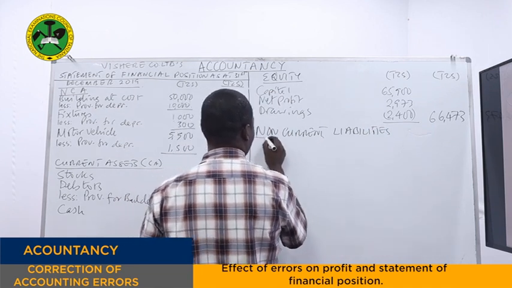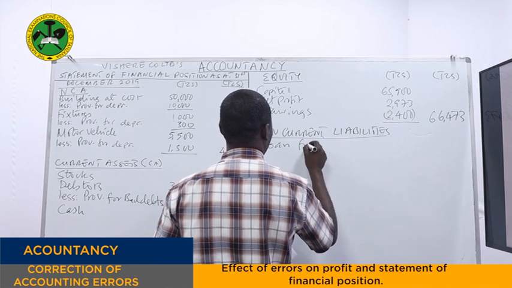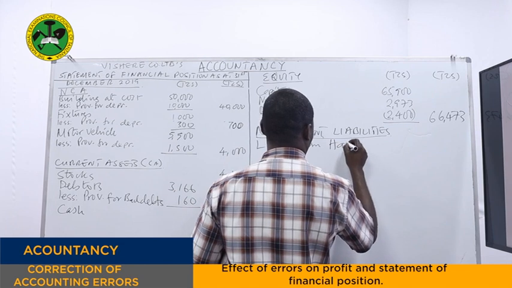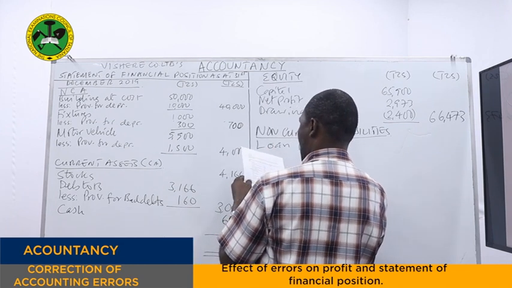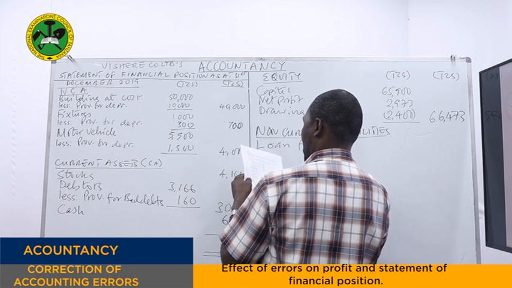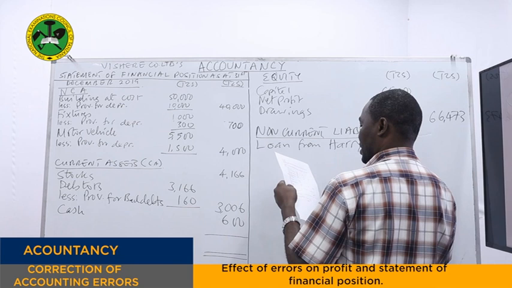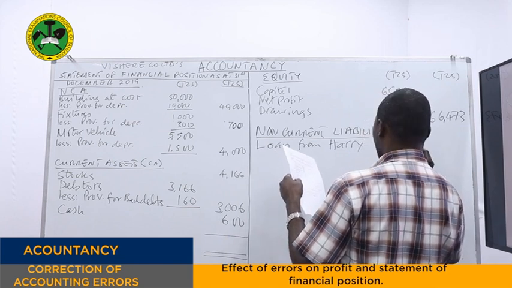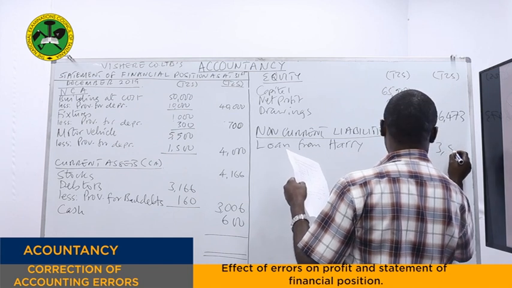We have loan from Harry. How much was it? Loan from Harry, it is, yes, 3,500.